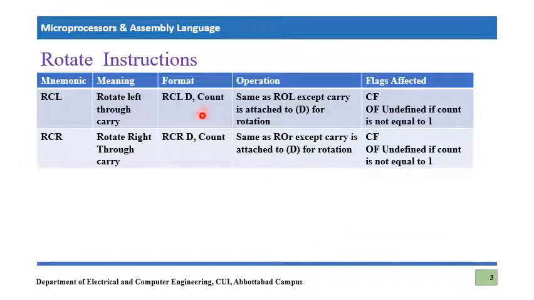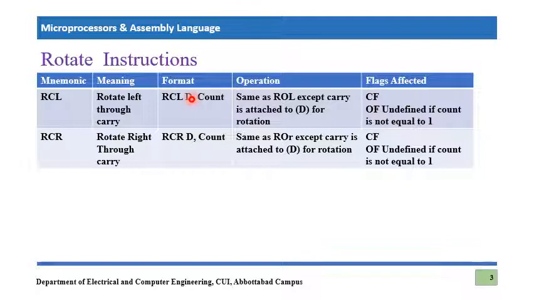The procedure is almost similar, but when we perform RCL, the leftmost, most significant bit coming out of the register will go to the carry, and the carry bit which was earlier stored in the carry flag will go into the rightmost position of the D register.